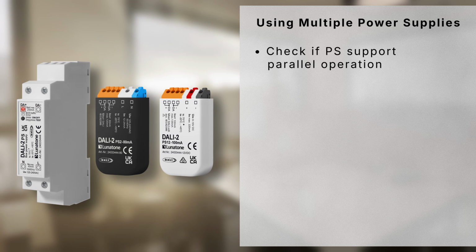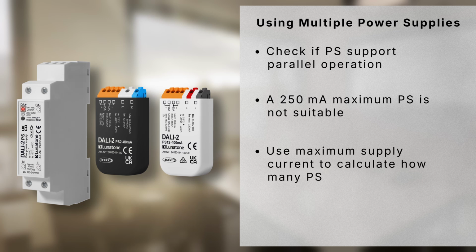If a power supply states, for example, 30 milliamps guaranteed, 250 milliamps maximum supply, it is not suitable for parallel connection. The maximum supply current, not the guaranteed value, is used to calculate how many power supplies can be connected in parallel. While polarity usually does not matter when connecting DALI devices, it must be correct when using multiple power supplies.